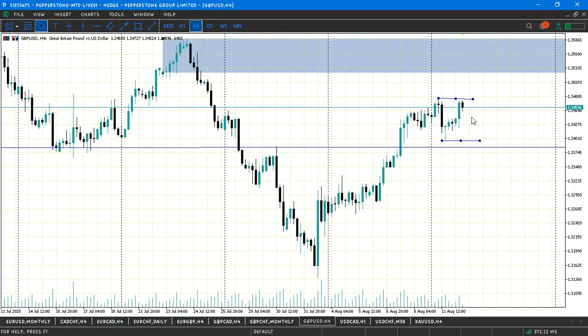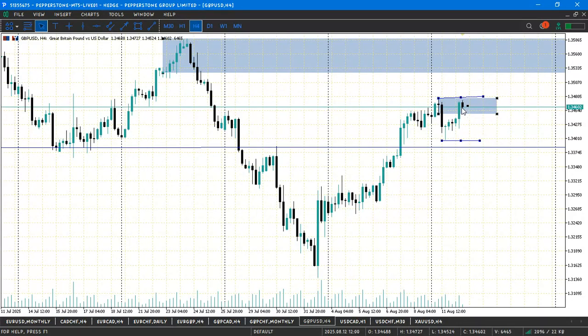So we expect that the market will either break this fractal high, taking out all the liquidity that is lying here. Also, there are some traders who might have taken a short trade after seeing this sell candlestick, indicating that sellers have been in the market.